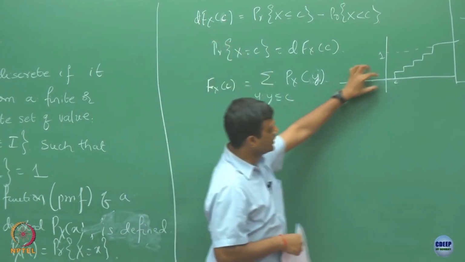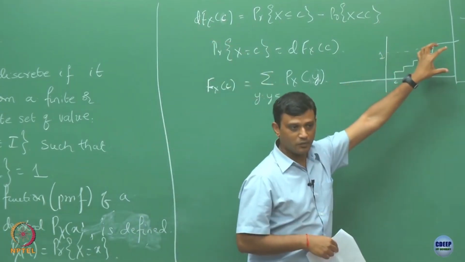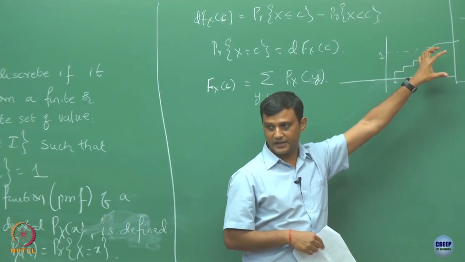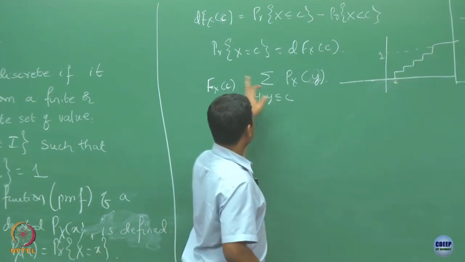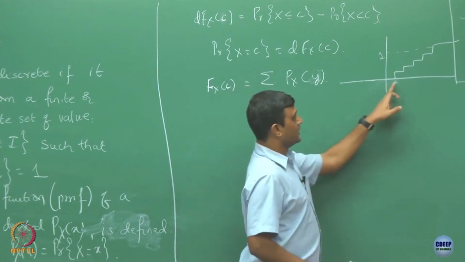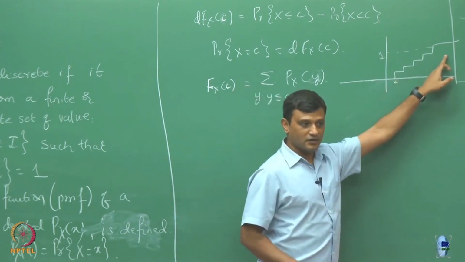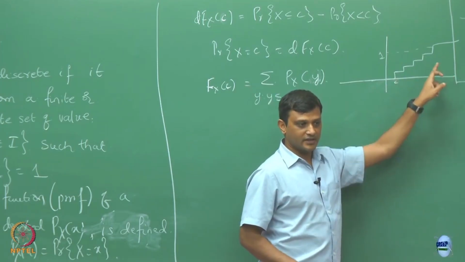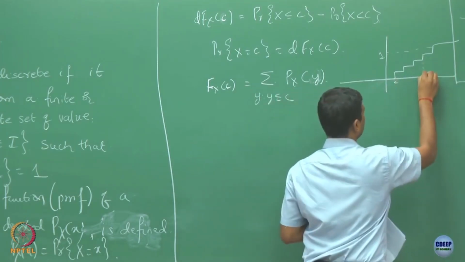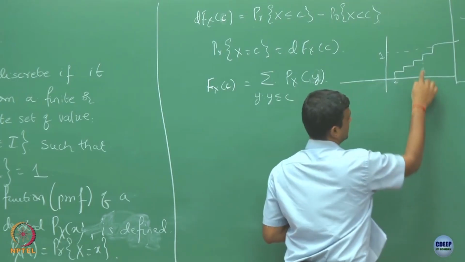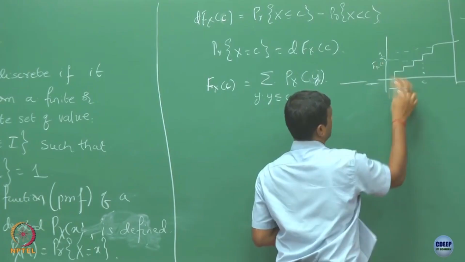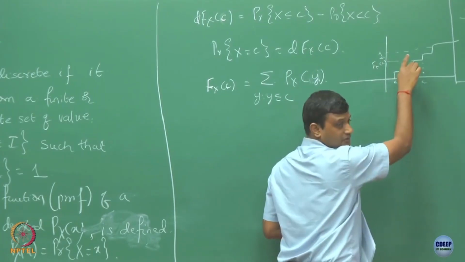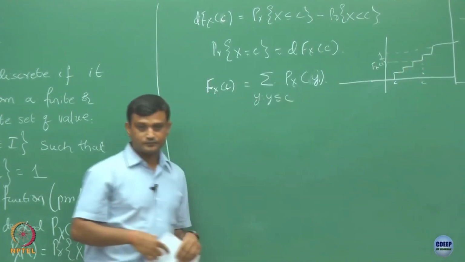Now we are calling the jumps, wherever they happen, the probability mass function, and this CDF is nothing but the accumulation of all these jumps till any point. So suppose I take this as c, then I get F of x at c by accumulating all these jumps, and that is what this is doing.